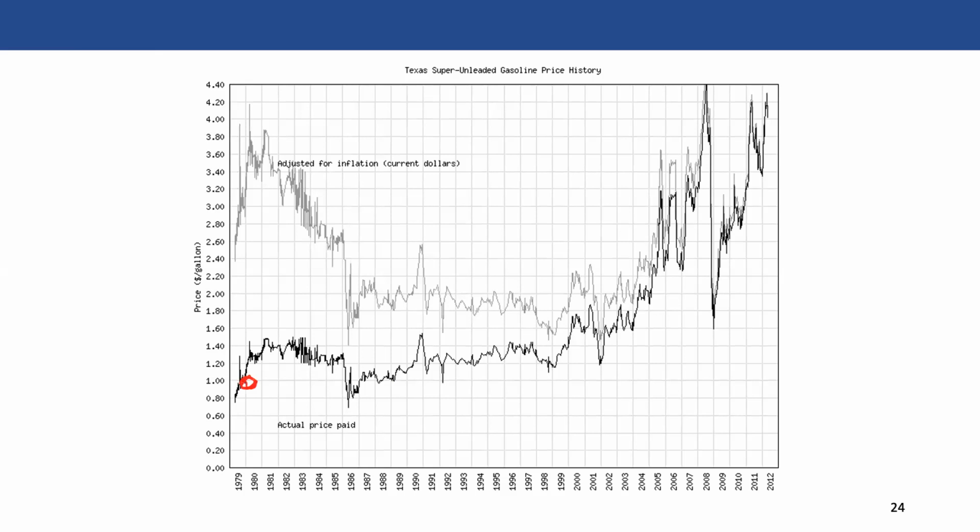Because if I look at the cost of gas today, let's say I go to 2011, I would have paid something like $3.40 per gallon equivalent.